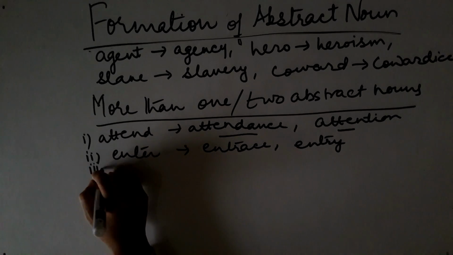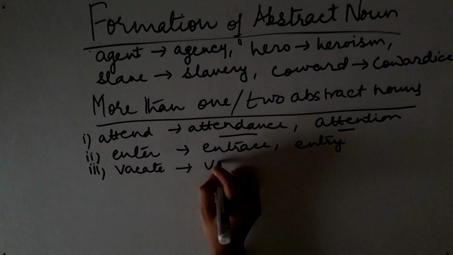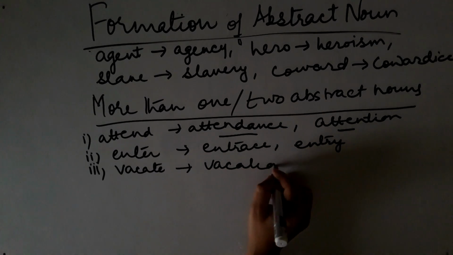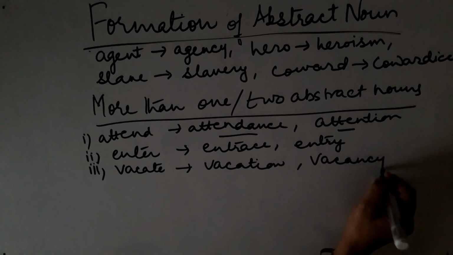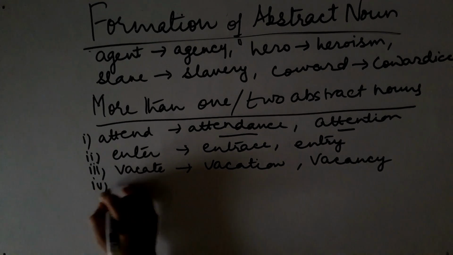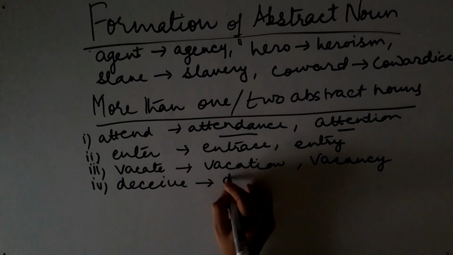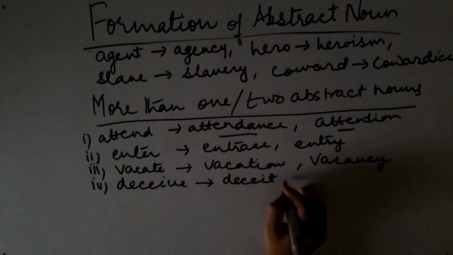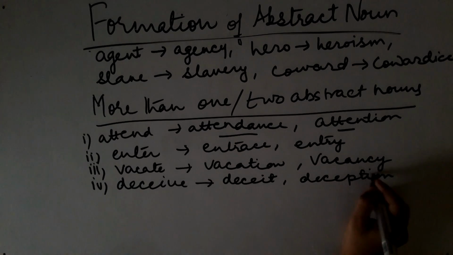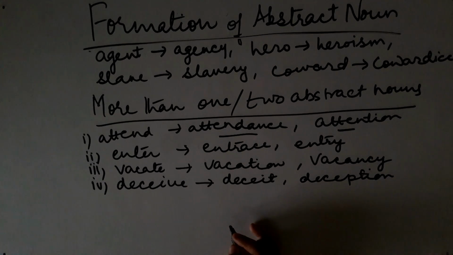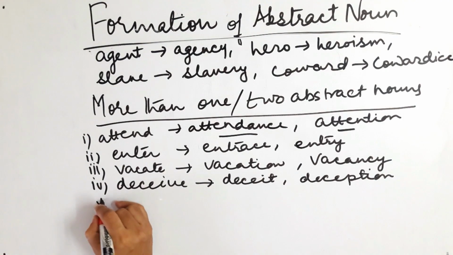I have another word like vacate. It can be changed into vacation or vacancy. Another word I have is deceive, which can be changed into deceit or deception. I have yet another word in this category, and that is receive.